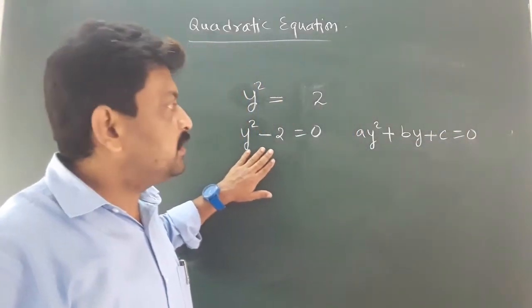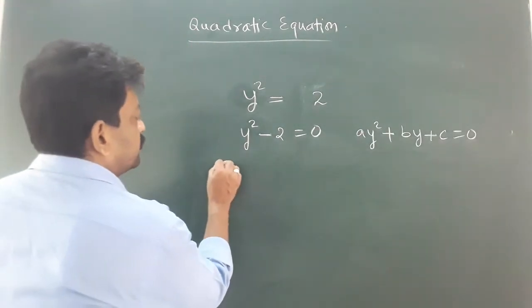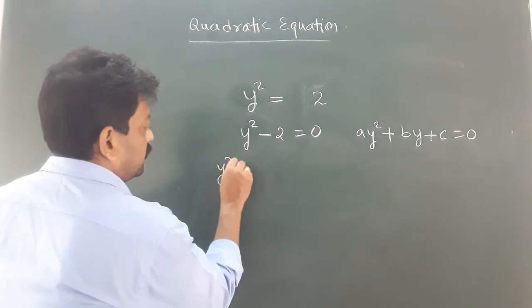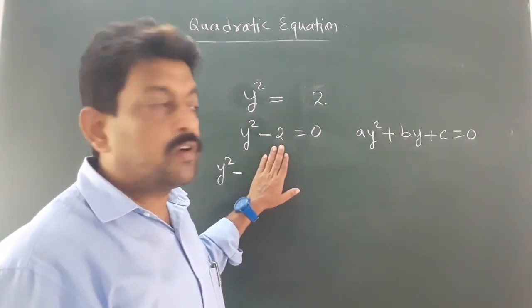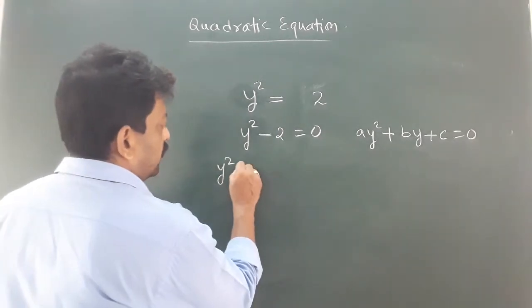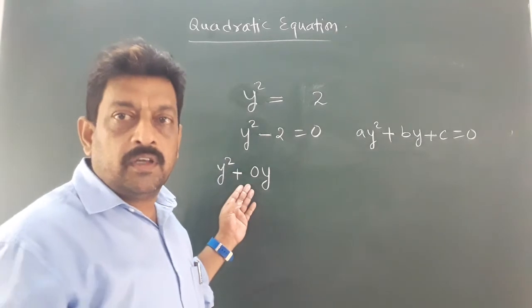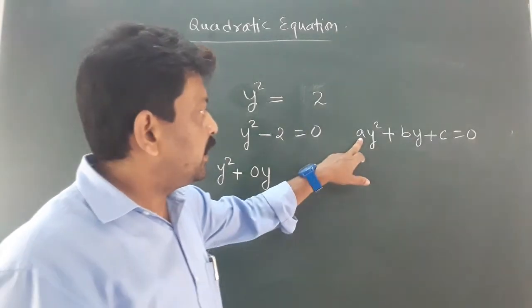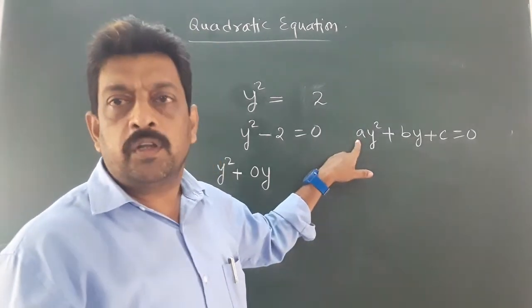Can we write this in the general form? Yes, of course we can write it. So y square, since here the variable y is not there, so we can write 0y, because 0 is also a real number. The condition says that a, b and c must be real number and a not equals to 0.